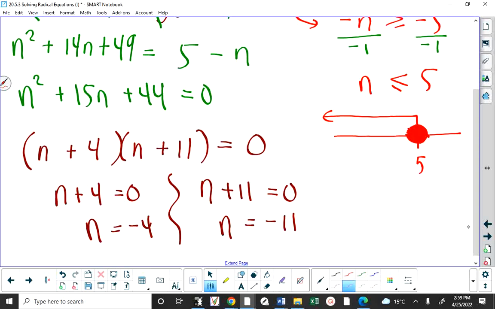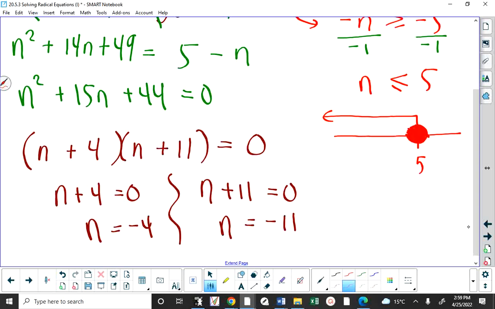Is negative 4 to the left of 5 on a number line? Yes. Is negative 11 to the left of 5 on a number line? Yes. Here is the mistake, and I don't know if it was the author or the editor, the mistake that's made in your textbook. They claim that since both of those numbers are allowable values of n, they're both correct.